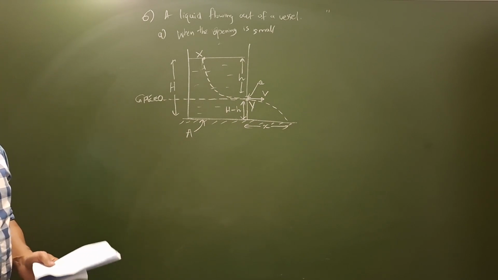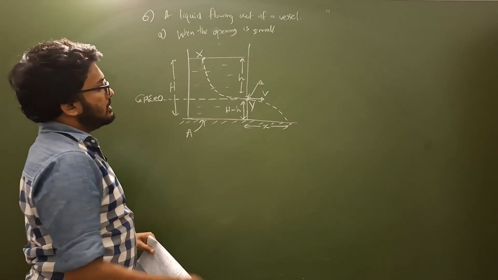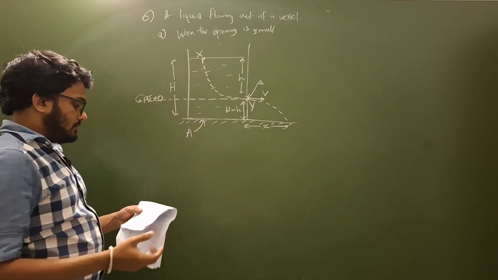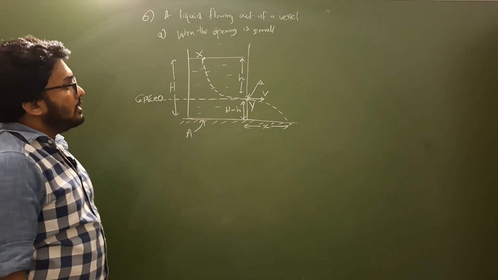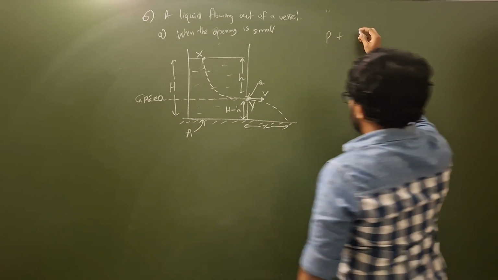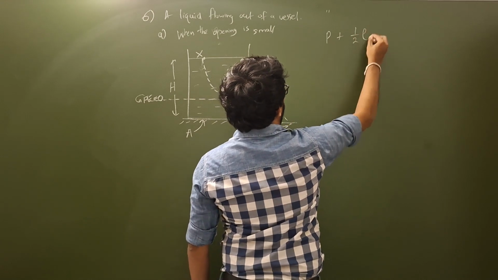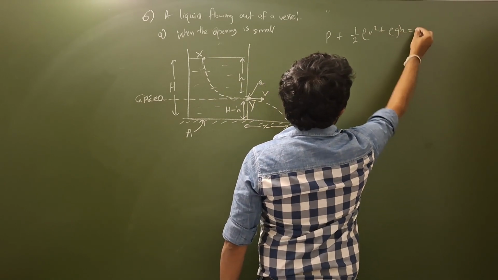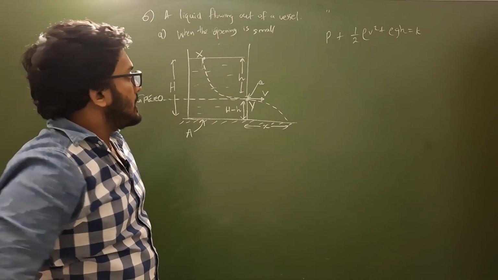Now if I apply Bernoulli's equation to points x and y along the same line, it is already written in the theory. Bernoulli's equation says that pressure plus half rho v squared plus rho g h should be constant when considering two places.